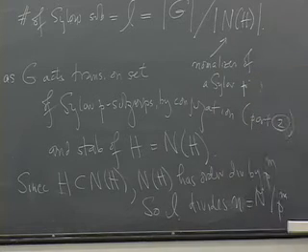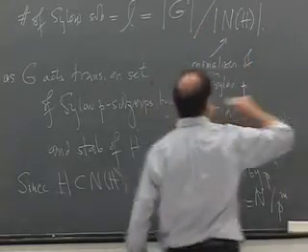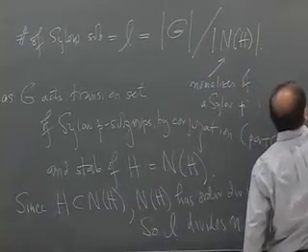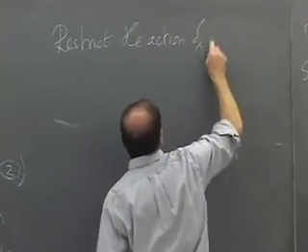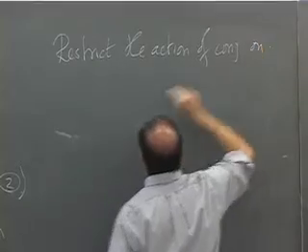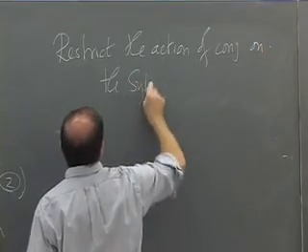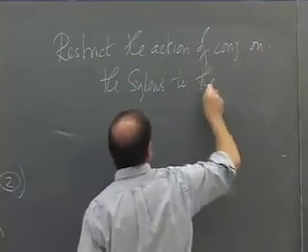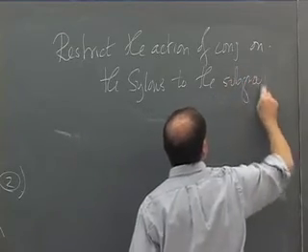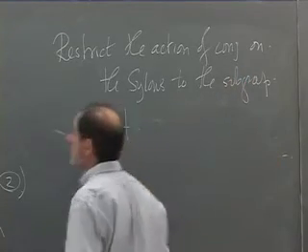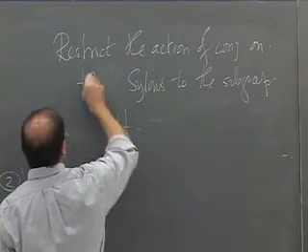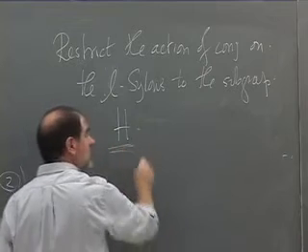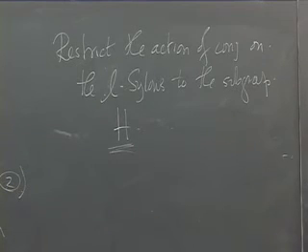Now, we know the group acts transitively by conjugation. Restrict the action of conjugation on the Sylows to the subgroup H itself. So we have a set of L Sylows, and now we just let the subgroup H act by conjugation.